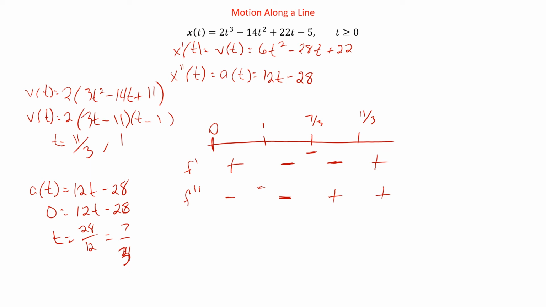So here we have that it's moving to the right when f prime is positive. So moving right on 0 to 1 and 11/3 to infinity. And then left from 1 to 11/3.